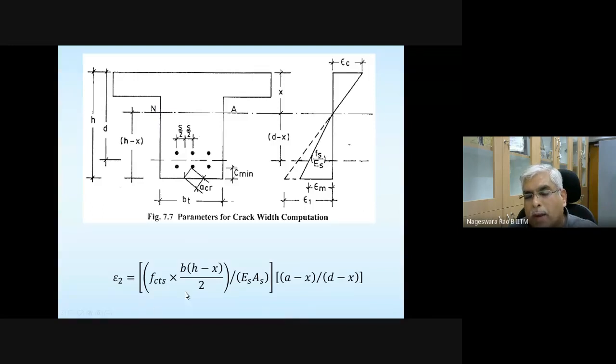But instead of this, we use FCTS divided by 2.